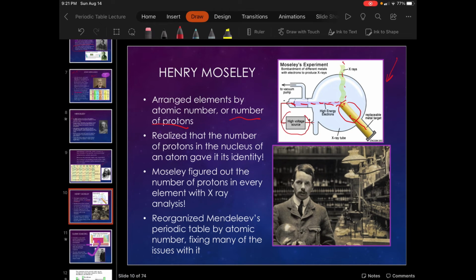He hooked up a source of electricity and sent those electrons in, and then he took an X-ray. He could count out the number of protons in each element. So he reorganized Mendeleev's periodic table by atomic number and fixed many of the issues with it.